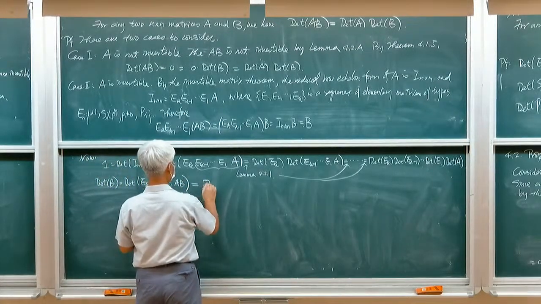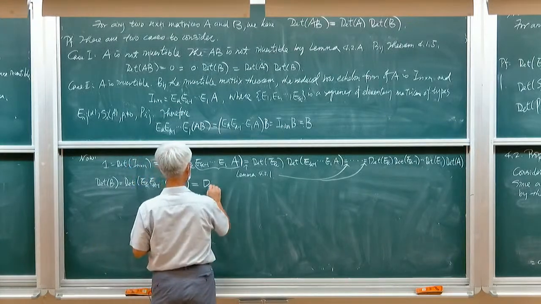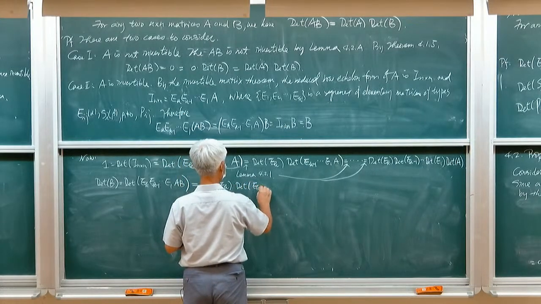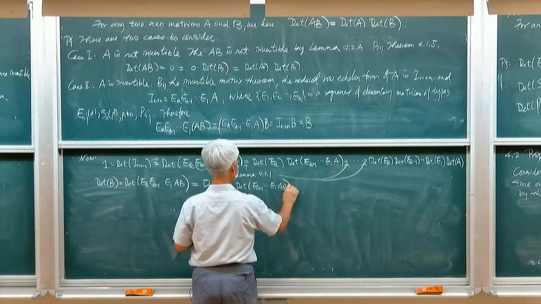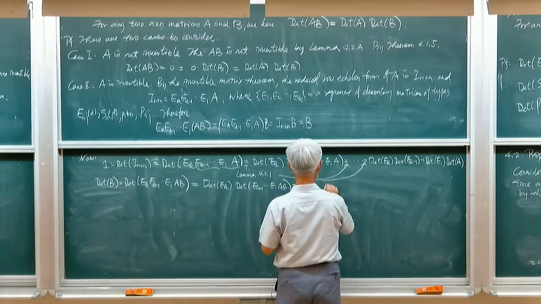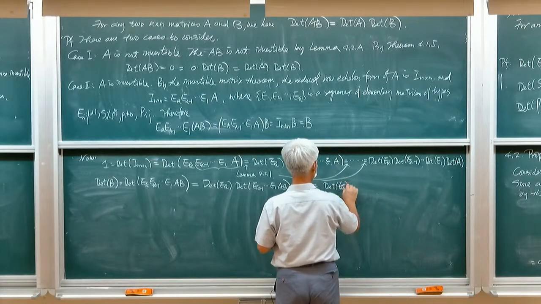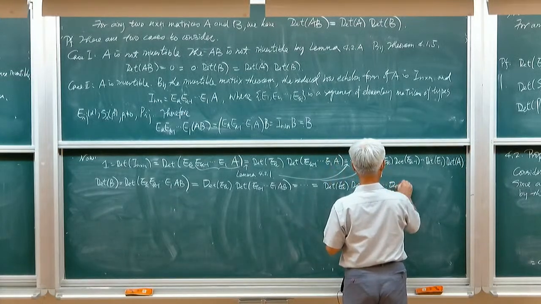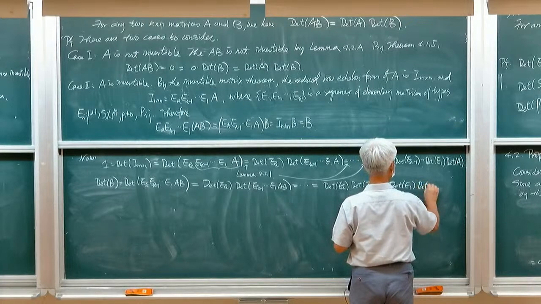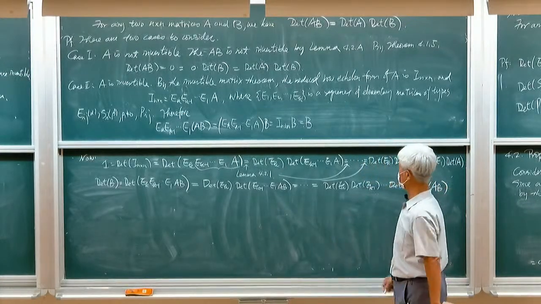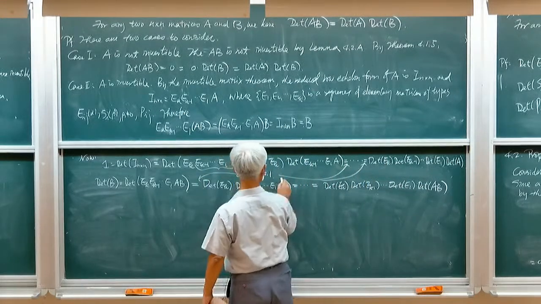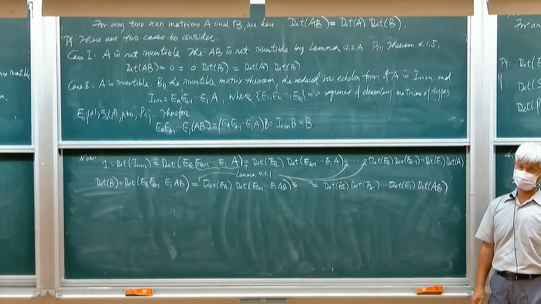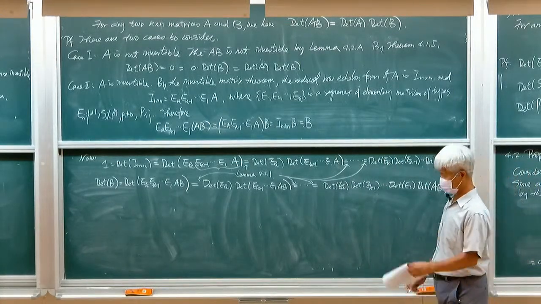Again, you have the determinant of E_k, the determinant of E_{k-1}, ..., E_1, AB. Finally, you have the determinant of E_k, the determinant of E_{k-1}, the determinant of E_1, and the determinant of AB. All of these apply Lemma 4.2.1.